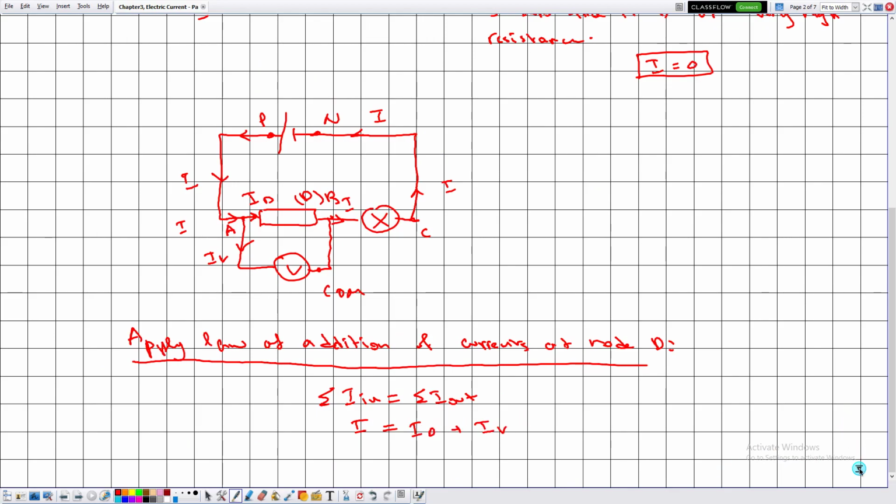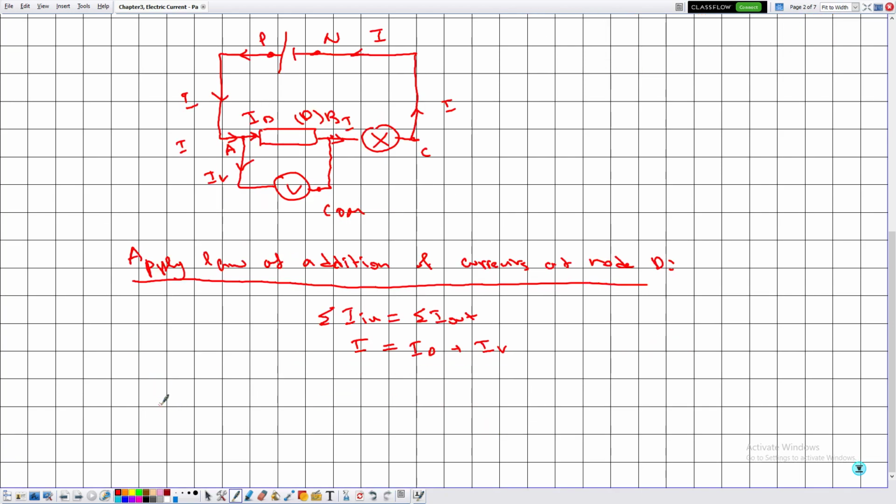And we know that IV is the current corresponding to the voltmeter.